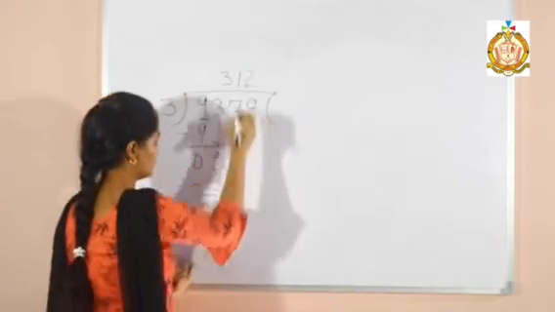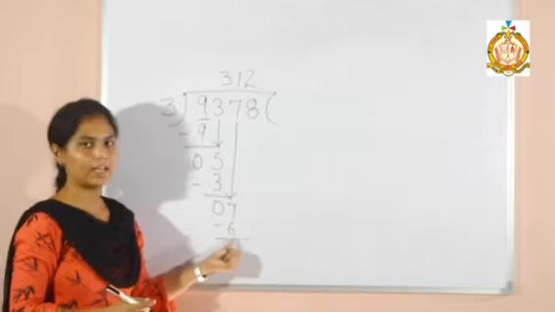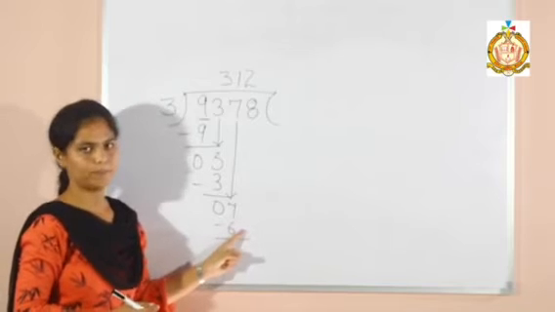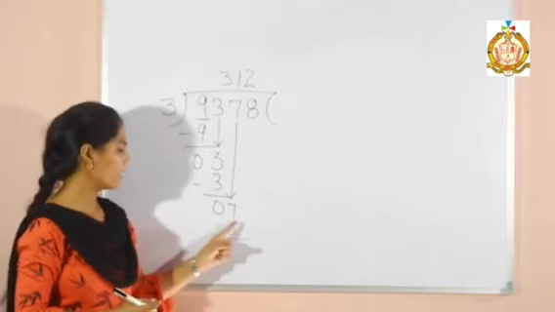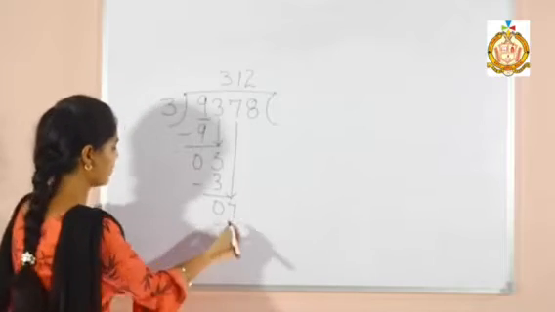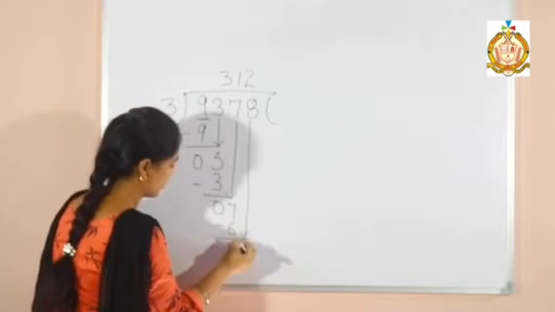Why do we put 6 here? Because we only write a number smaller than or equal to this number. We cannot write a greater number. Now subtract 7 minus 6, 1. Now write the next number.